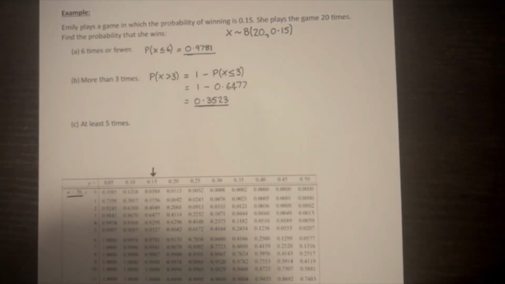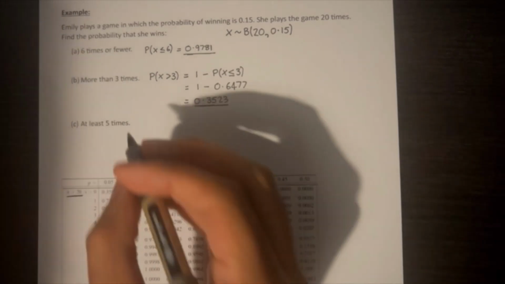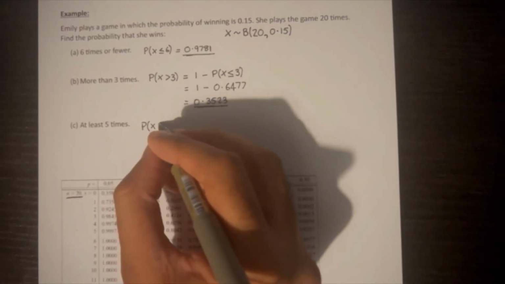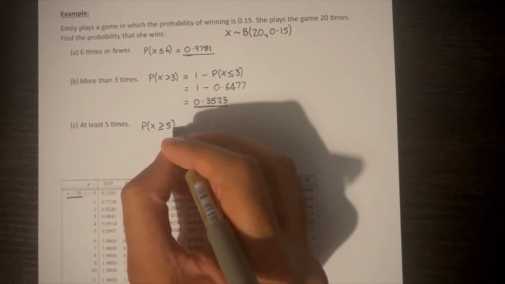Finally, the probability that she wins at least 5 times. Now, at least means it can be 5 or it can be more. So that is the probability that x is greater than or equal to 5.